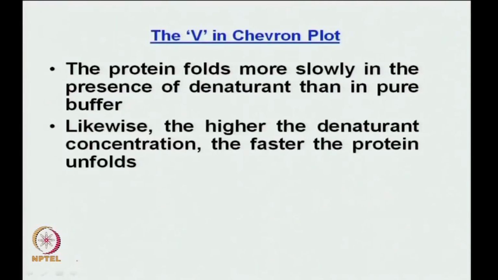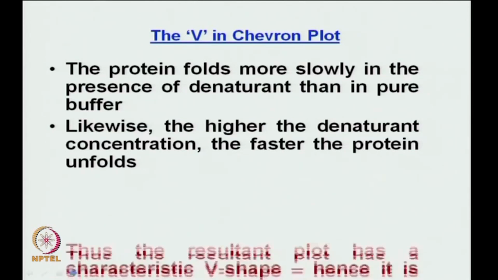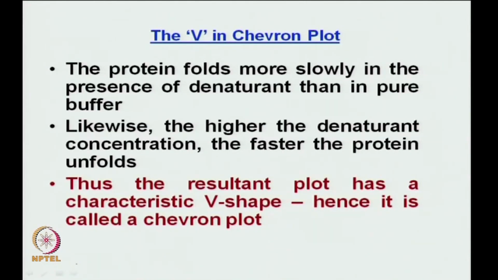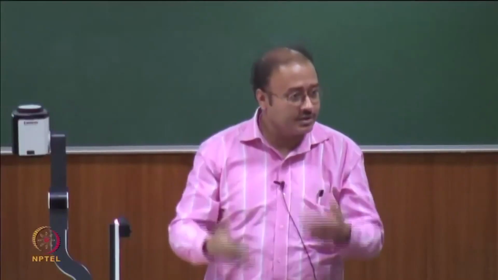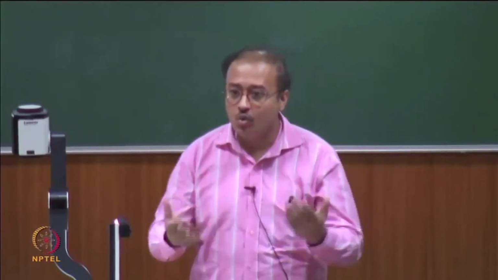Likewise, the higher the denaturant concentration, the faster the protein would unfold. Thus, the resultant plot would look like a V, and hence it is called a chevron plot. This is a V shape. You are looking at Ku, you are looking at Kf, and this tells you why you are getting a V shape.